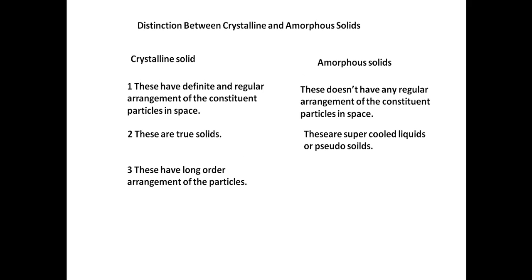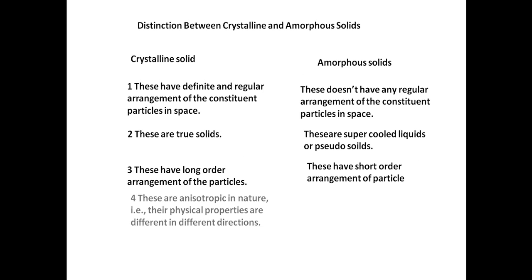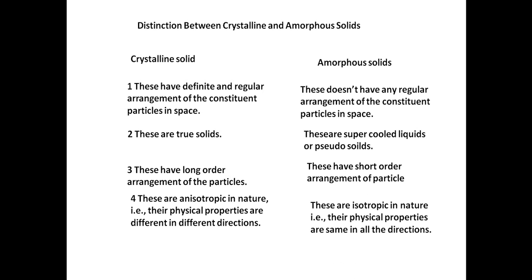Next, crystalline solids have long range order arrangement of particles, whereas amorphous solids have short range order arrangement of particles. Crystalline solids show anisotropic nature. It means their physical properties are different in different directions, such as the refractive index will be different in different directions.